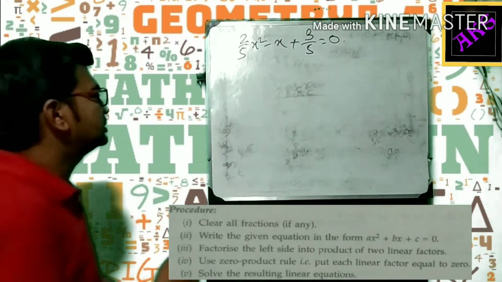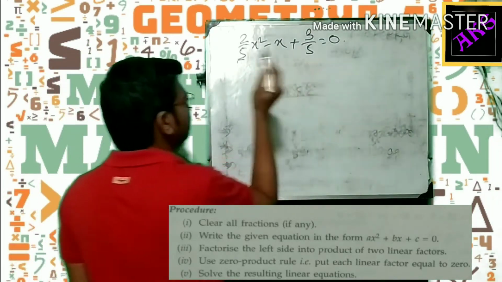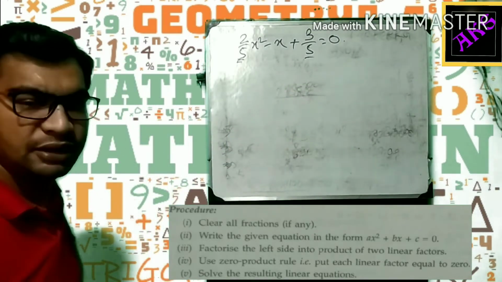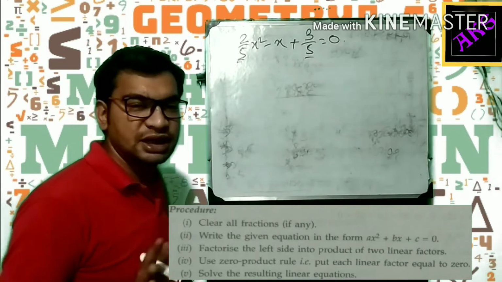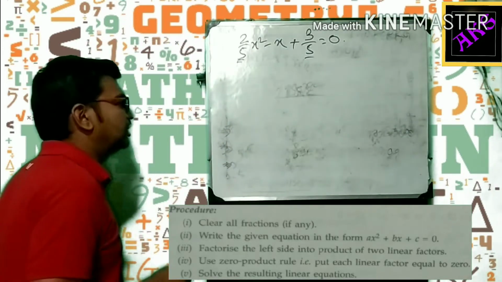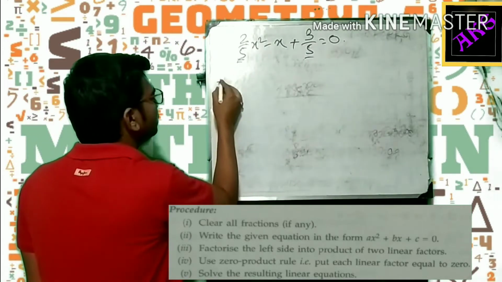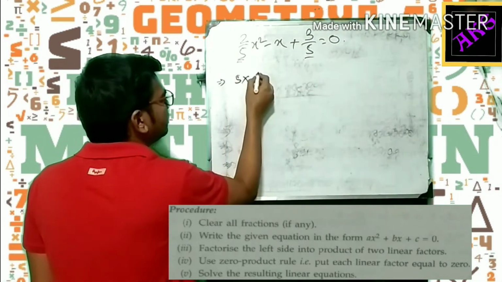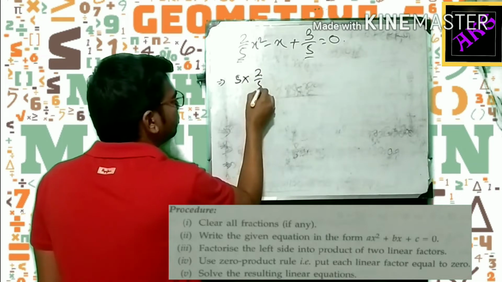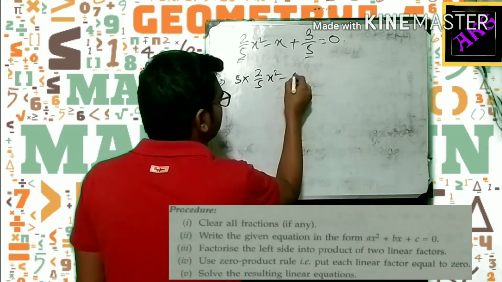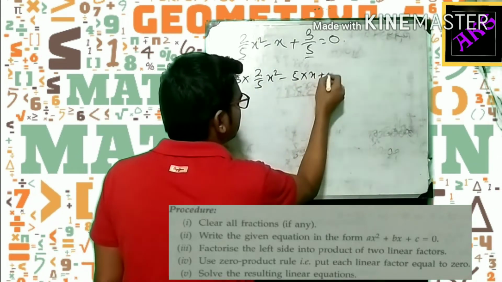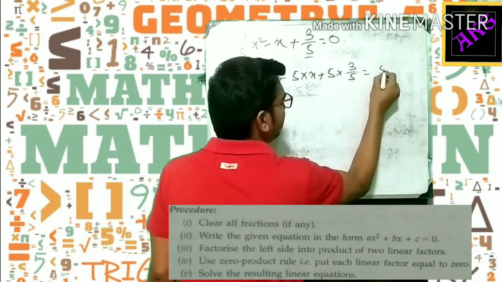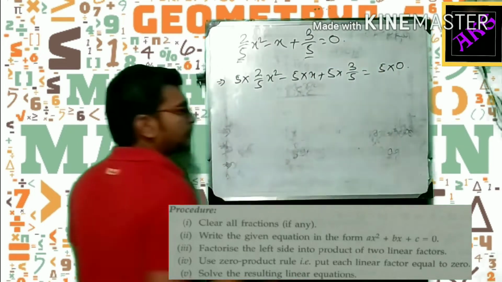Here we have denominators 5 and 5. So what will be our LCM? Our LCM will be 5. We know the LCM of the same numbers is that number only. So we will multiply the whole equation by 5. 5 into 2 by 5 x square minus 5 into x plus 5 into 3 by 5 equal to 5 into 0.